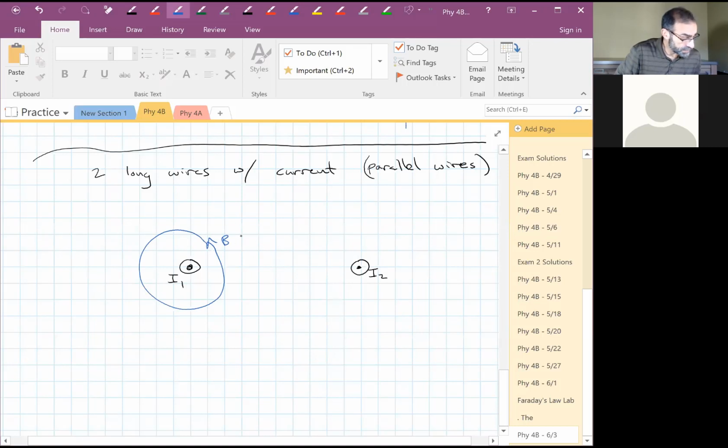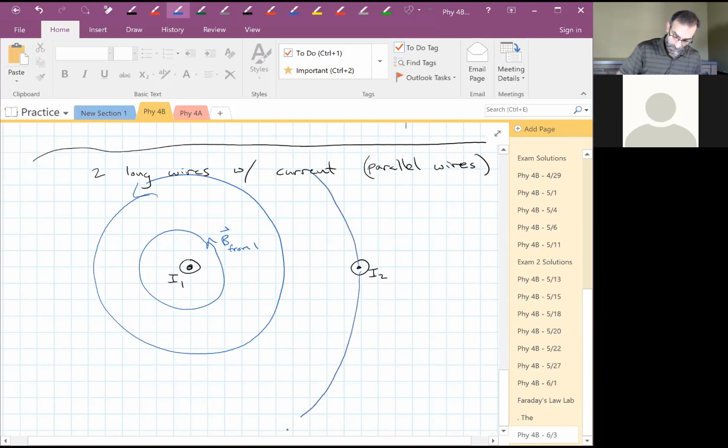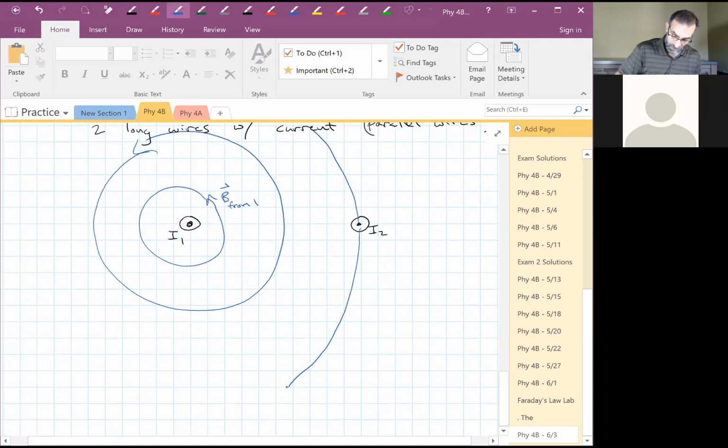B, I'm going to say B from 1. And as we move farther away, that magnetic field gets a little weaker. These lines become farther apart. And if we're all the way over here, that magnetic field looks like this.